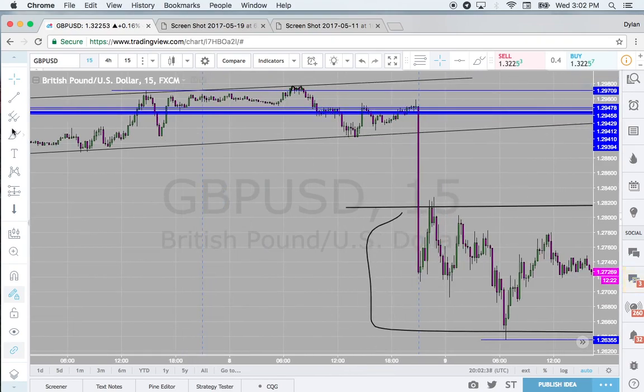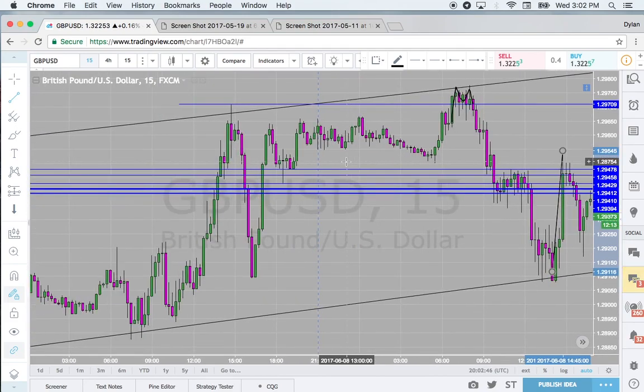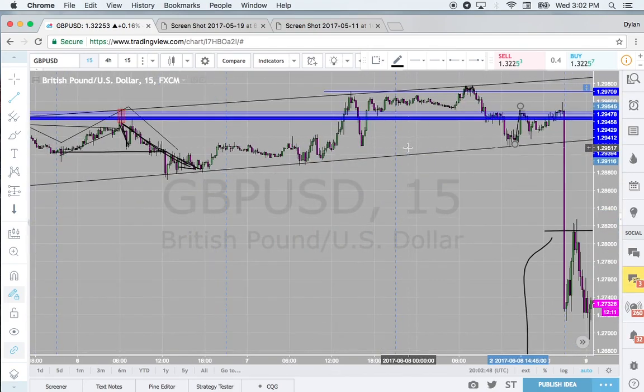And then you can see once again we have the price rejecting or respecting this trend line to get retail traders that are selling to take their profits.